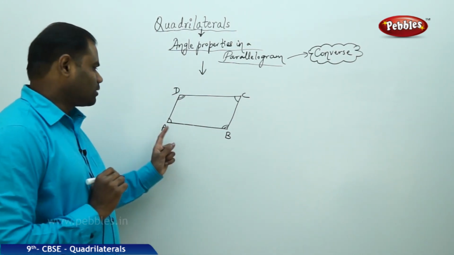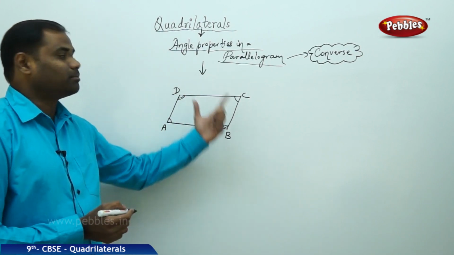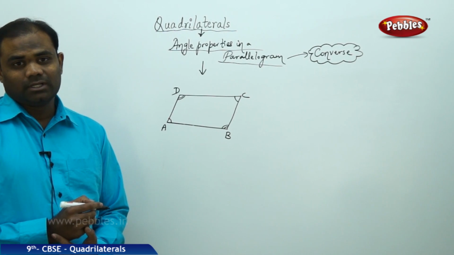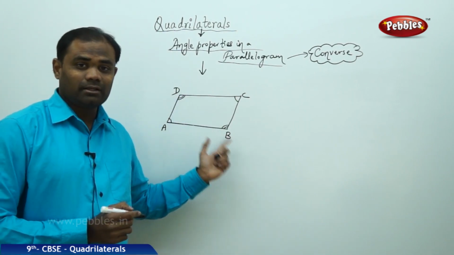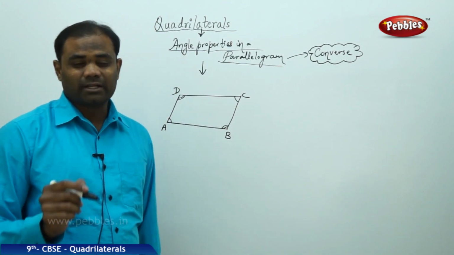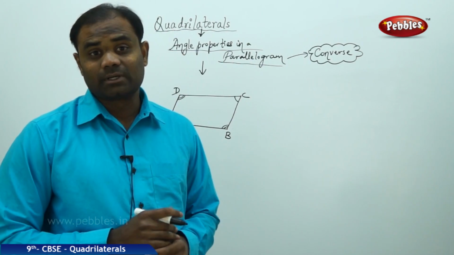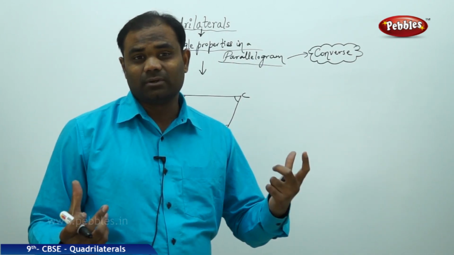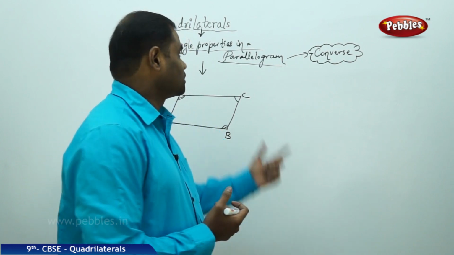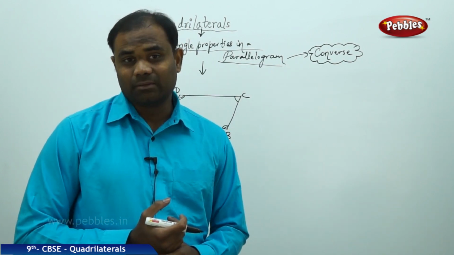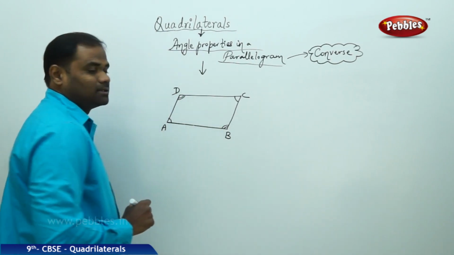Then this quadrilateral must form a parallelogram, is how the property defines. If the opposite angles in the quadrilateral ABCD are equal, then the four-sided closed figure thus formed, with opposite angles being equal, must be a parallelogram, is how we understand the converse of the angle properties. So this equals this and this equals this.